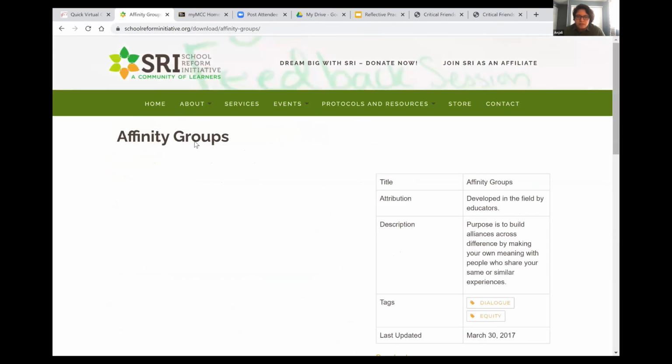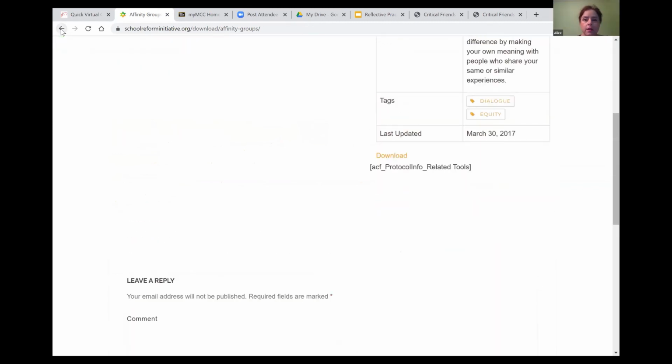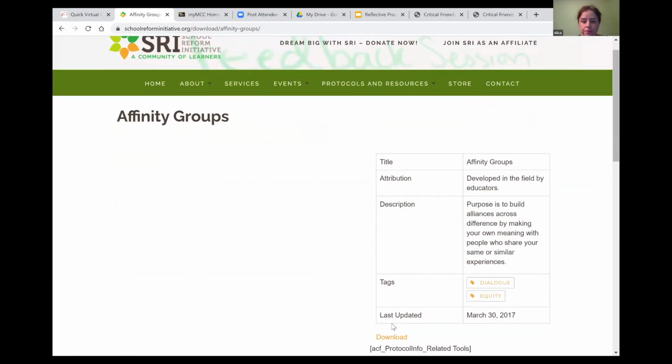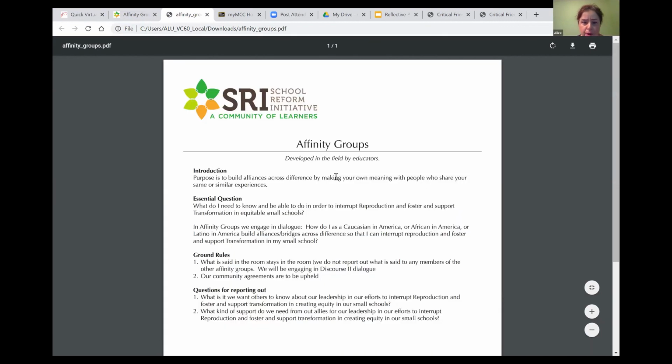Courageous conversations, I think we've done that too. The compass one. Okay. The purpose of affinity groups is to build alliances across differences by making your own meaning with people who share your same or similar experiences.